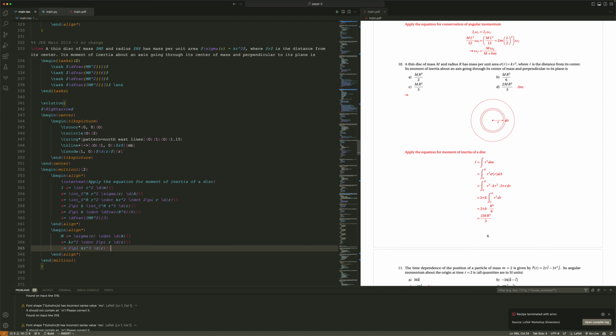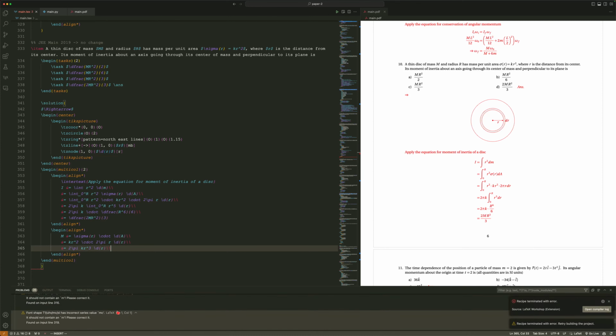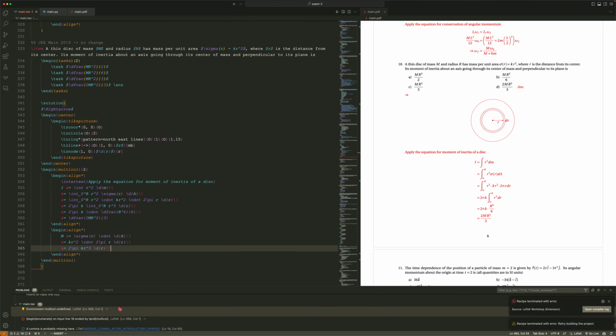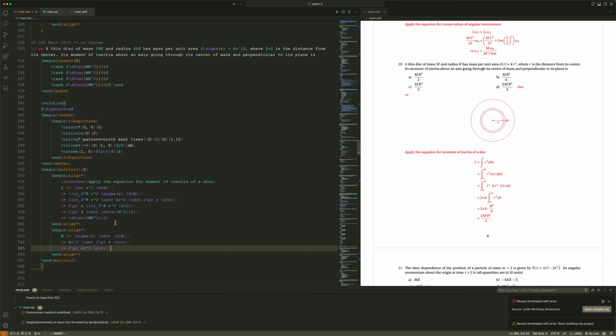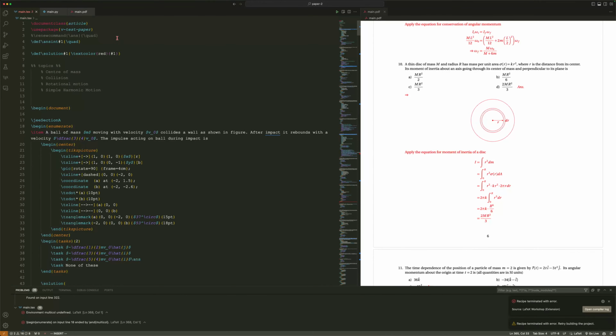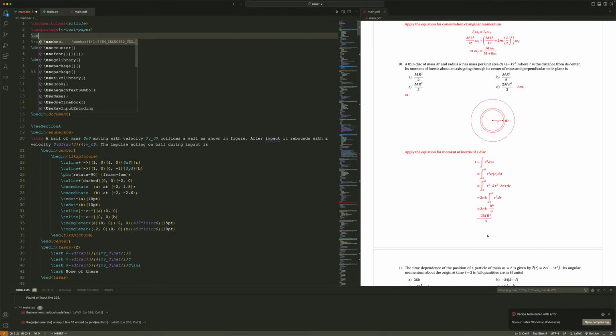Yes, let's run it first, see what happens, and then we can change accordingly. So there's an error and we don't know what the error is about multicol. I don't remember exactly, but I'm very certain there is a package which needs to be used.